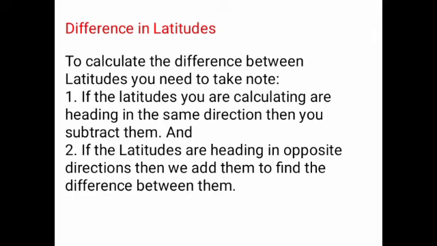So if the two latitudes you are calculating are heading in the same direction, you basically have to subtract them for you to get the difference. And if they're heading in opposite directions, you basically only have to add, okay? You only need to add them for you to get the difference.